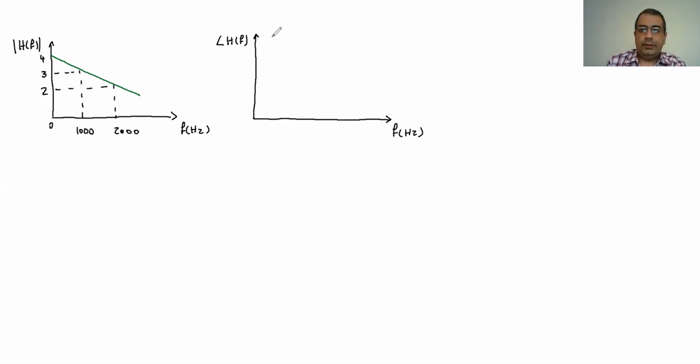Assume it's like that: at 0 it is 0, at 1000 it is 30, and at 2000 it is 60 degrees.